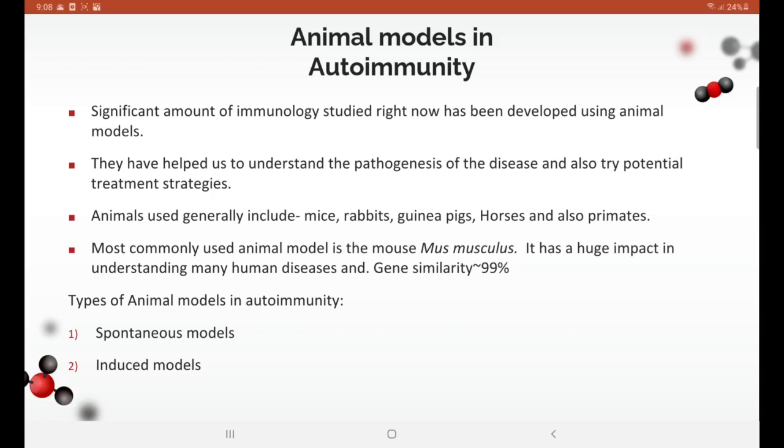Also, its genomic sequence has been highly mapped. Its genome is well characterized. They can also develop spontaneous mutations. And if not spontaneous mutations, we can induce mutations into them. We can also use transgenic and knockout mice strains. All these reasons and many more make mice the most preferable animal model for autoimmune diseases.